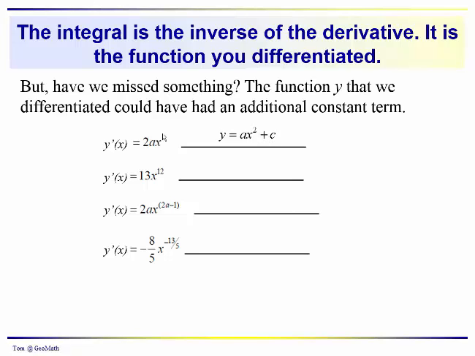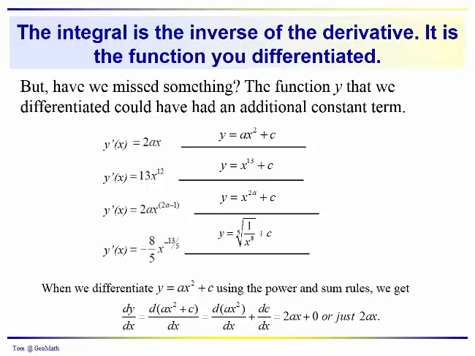So it disappears. We still get 2ax as our derivative, and the same for all these functions: y equals x to the 13th plus c, y equals x to the 2a power plus c, y equals the fifth root of 1 over x to the 8th plus c. All these functions have the same derivative, except that we've added a constant, and there's no way for us to know what that constant is unless we have some additional information in the problem.